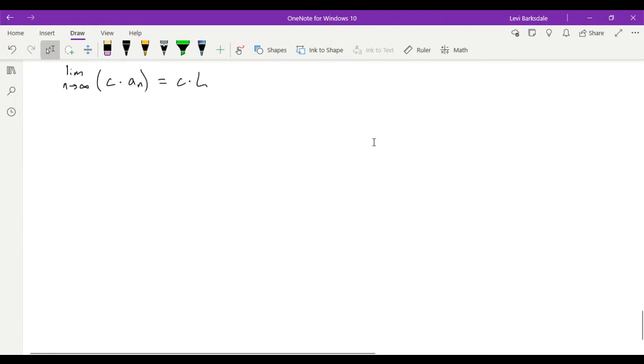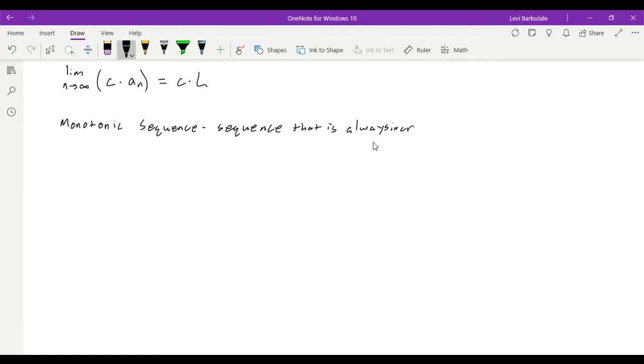Now we'll talk about some things that maybe weren't talked about much when you're going over functions, and that's the idea of monotonic. And a monotonic sequence is a sequence that is always increasing or it can also be always decreasing.